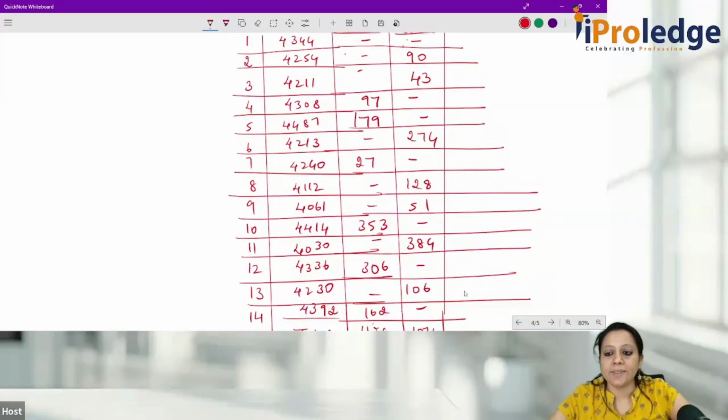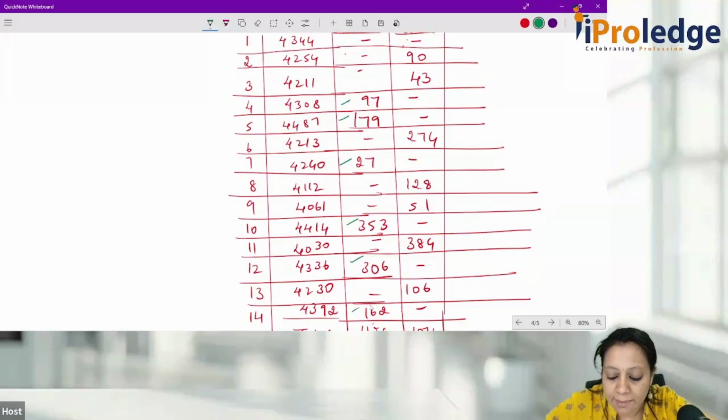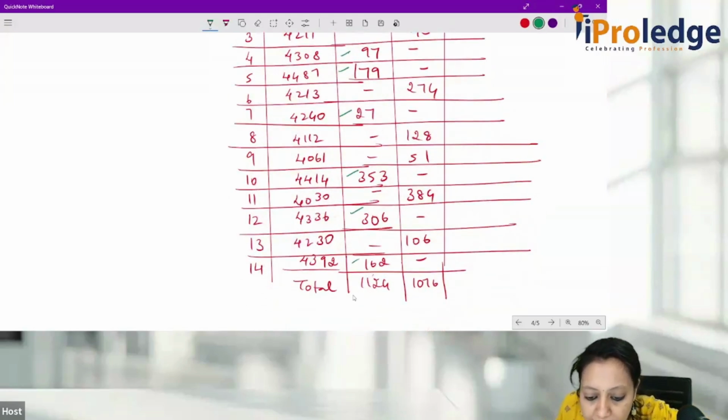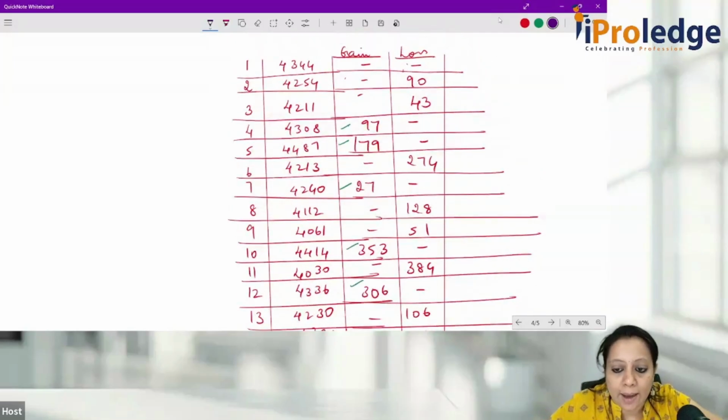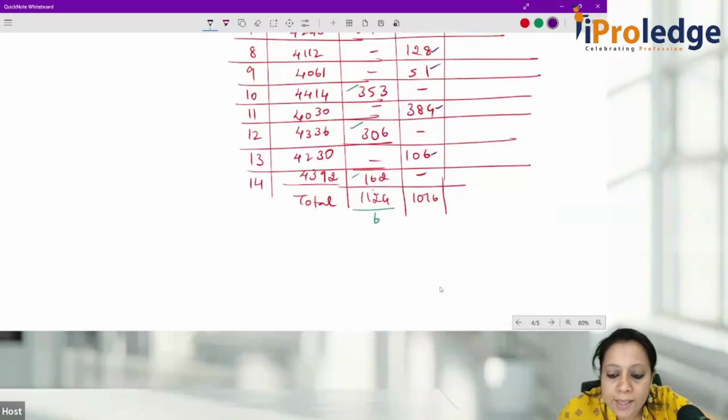How many days have we gained? 1, 2, 3, 4, 5, 6 times we have gained, so divided by 6. How many days have we lost? Because it is gain per day and loss per day, that is RS. So 1, 2, 3, 4, 5, 6, 7 days, so divided by 7.